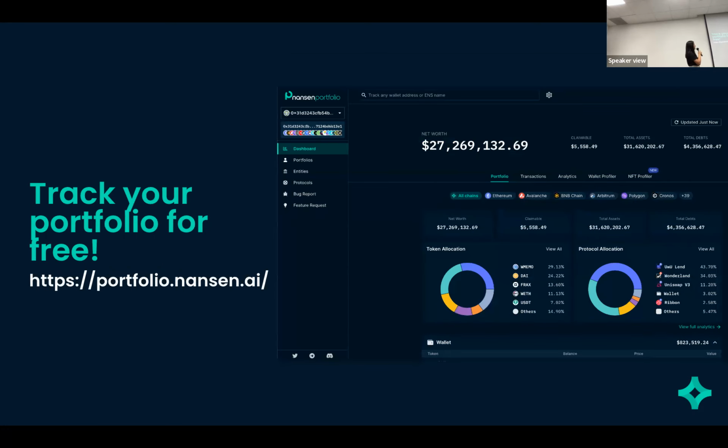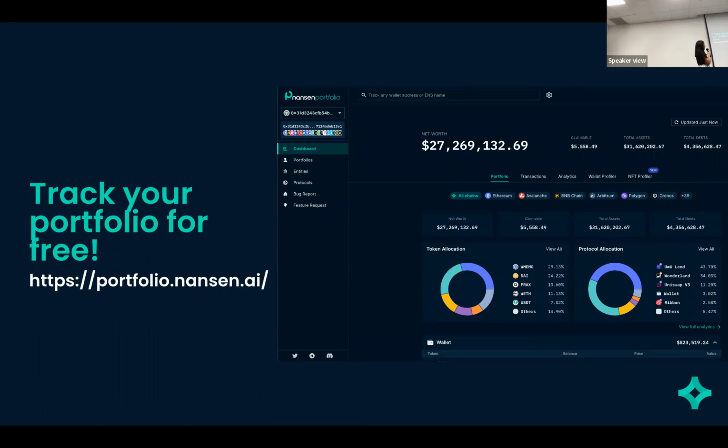And this is our portfolio. Previously it was known as something else, if anyone knows. Portfolio allows you to track wallet holdings across, currently, around 500 plus protocols and over 40 chains. Previously, with wallet profiler on Nansen, you couldn't really track what wallets were doing on DeFi, but with portfolio you can.